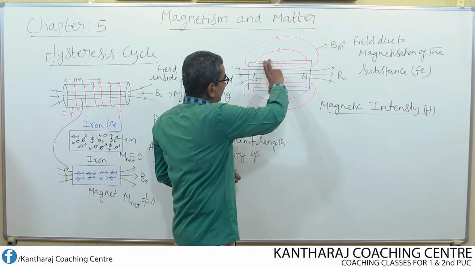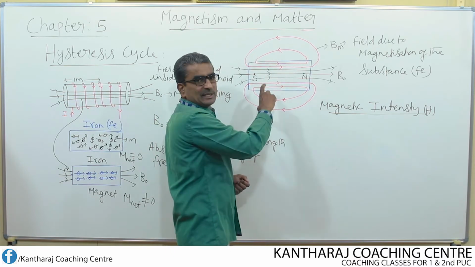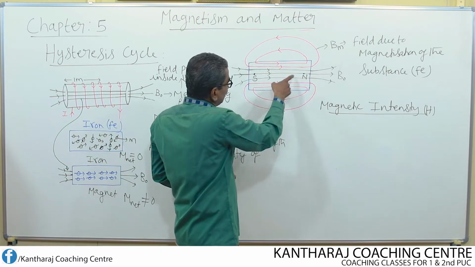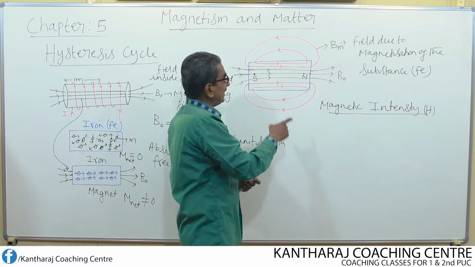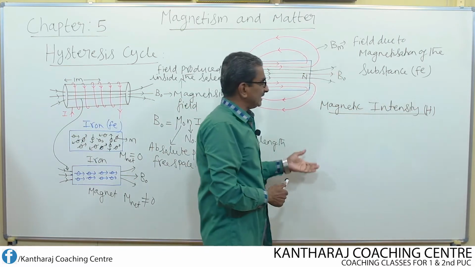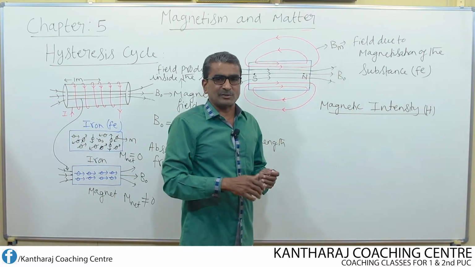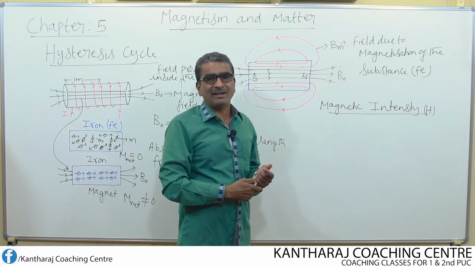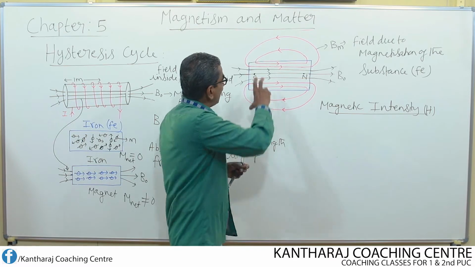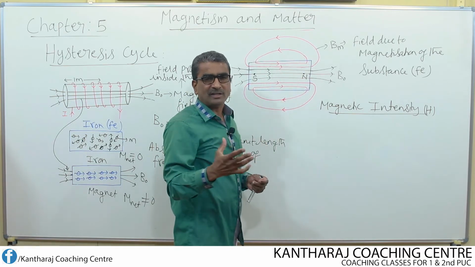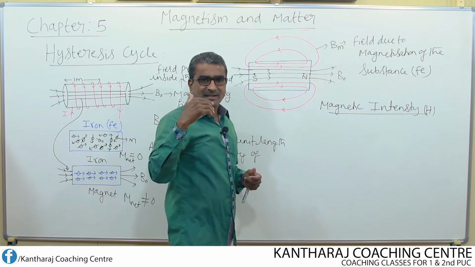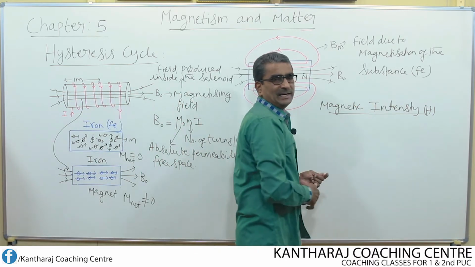If this material is to be magnetized, then to what extent this magnetic field can magnetize this specimen, that is magnetic intensity. Here degree refers to the amount or the level. So to what level can the field magnetize the material, strongly or weakly? That amount, that degree, that level refers to magnetic intensity.